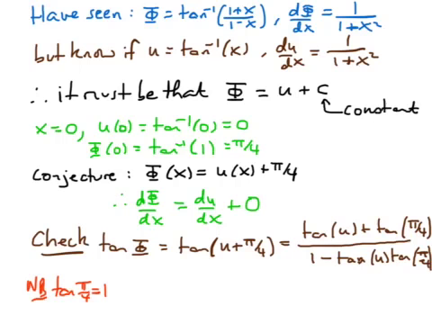So therefore what we have from this equation is that the tangent of phi will be the tangent of u, which is x, so that's x, plus 1 over 1 minus x.